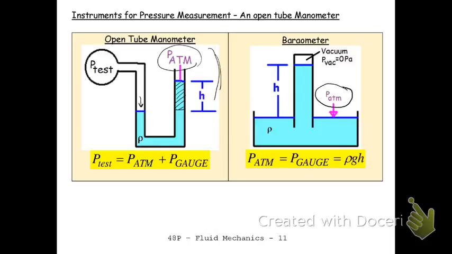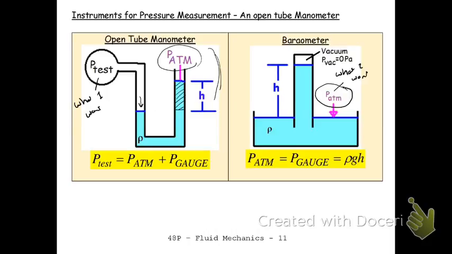That P atmosphere is what I'm trying to find out. Here, the P test is what I want. Can you see how the P atmosphere on the left-hand side is something I've got to take into account, but it's not what I'm trying to find?